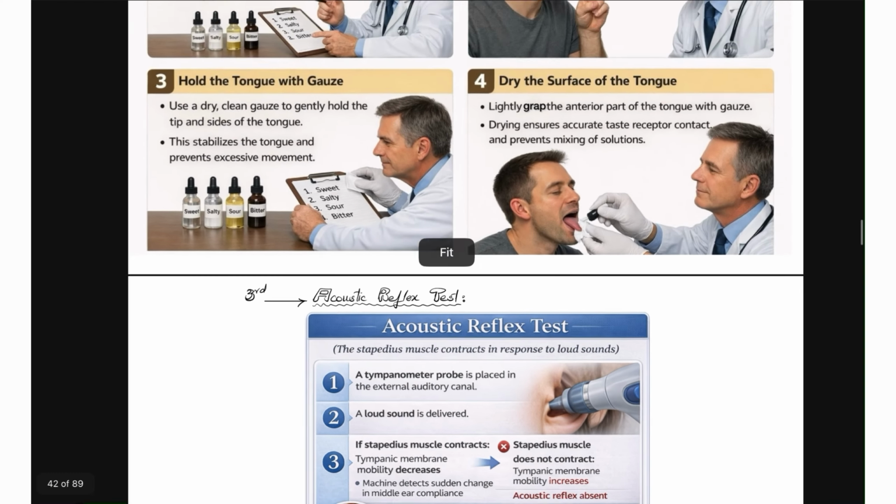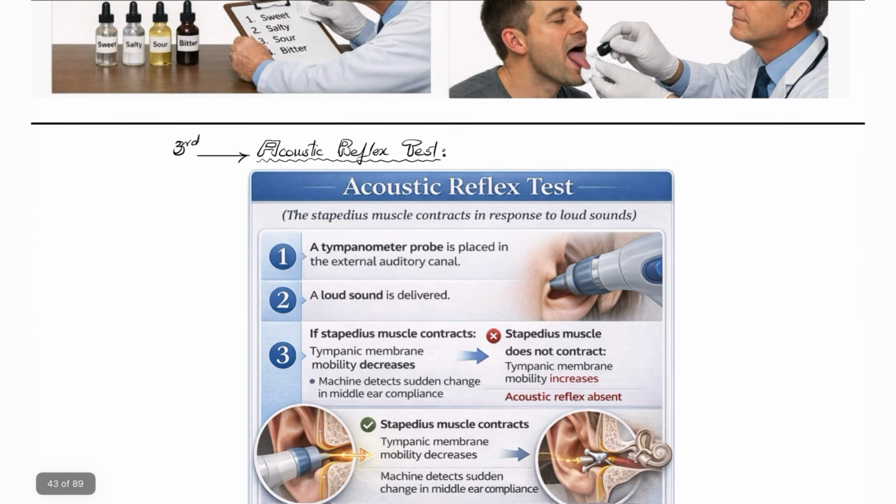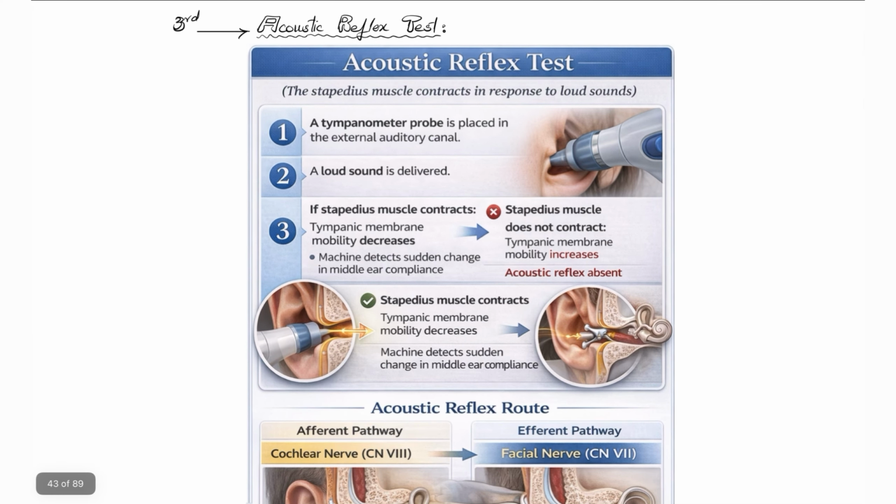Then jump to acoustic reflex test, where you assess the integrity of function of stapedius muscle. Place tympanometer probe in the external auditory canal of the patient and it produces a loud sound. If the stapedius muscle is functional, then it contracts and tympanic membrane mobility decreases, which is detected by the tympanometer probe.